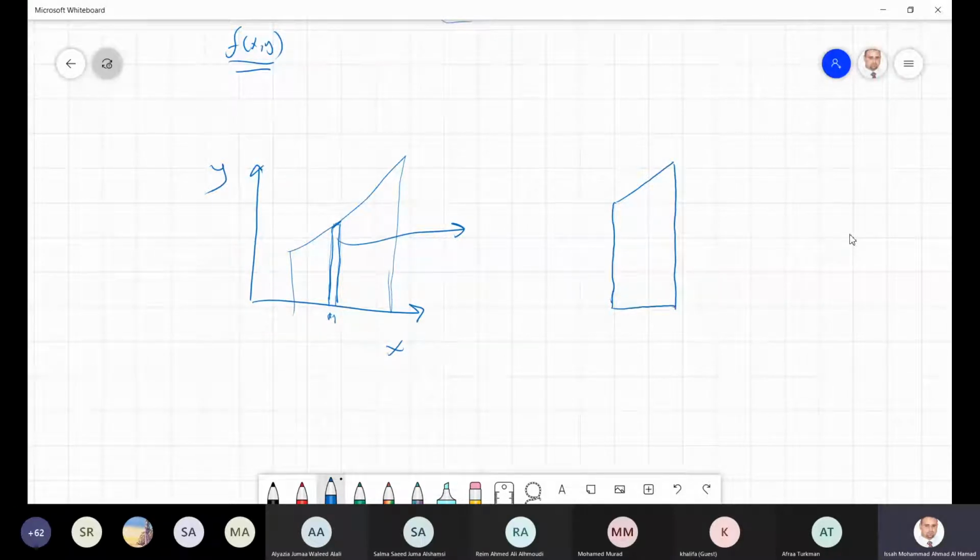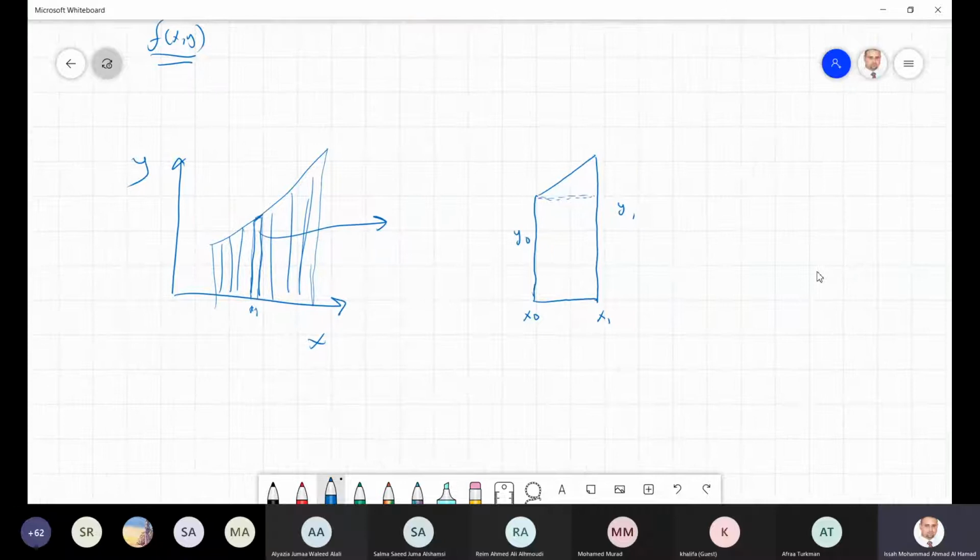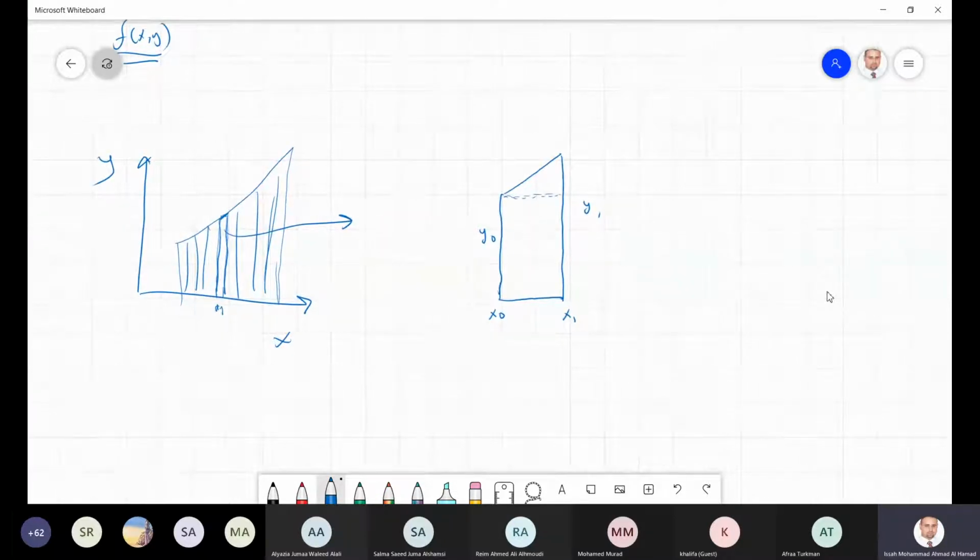So this is one area. What we need to do is to find this area and to find all these small areas, and add them together. Correct? Now for this area, this will be x naught and this will be x1. This will be y naught and this will be y1. Correct? Okay. So what is the area of this trapezoidal shape?